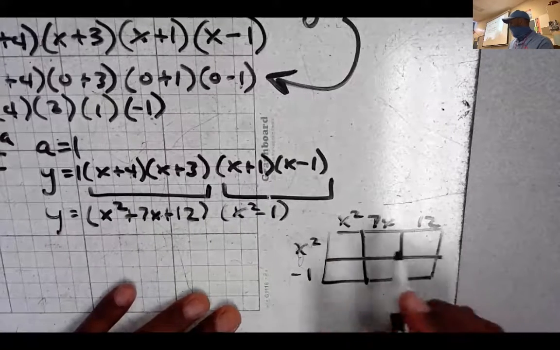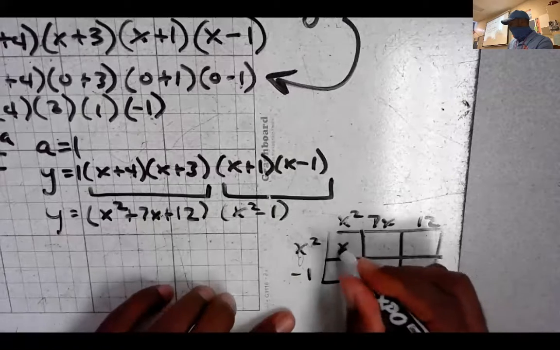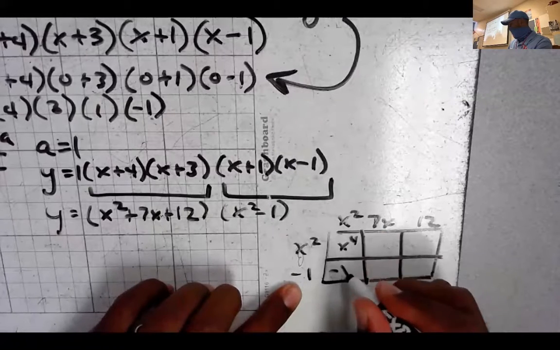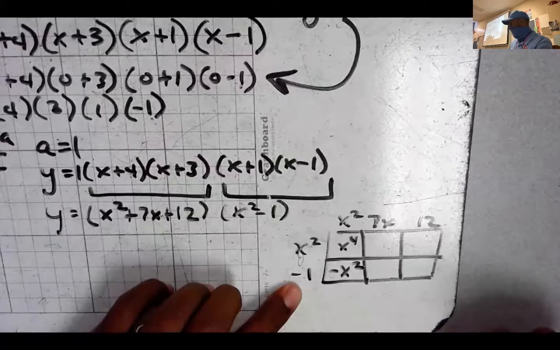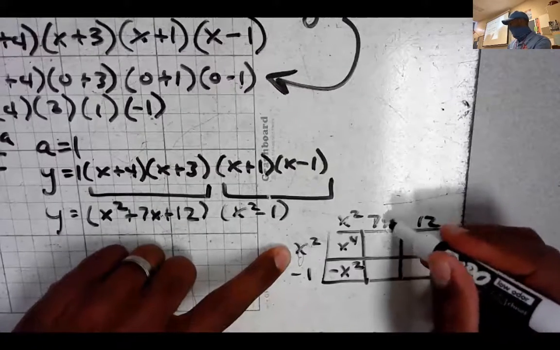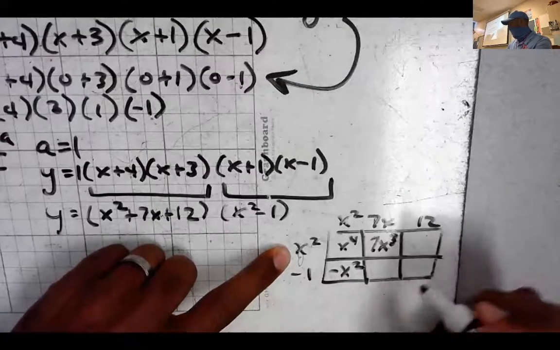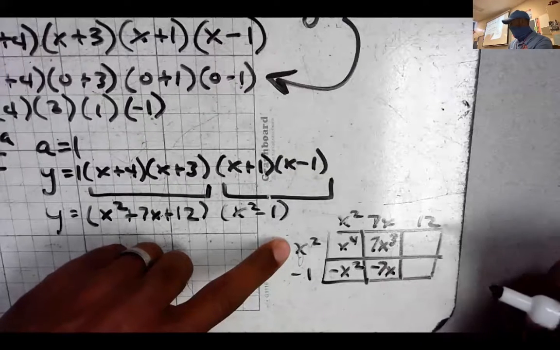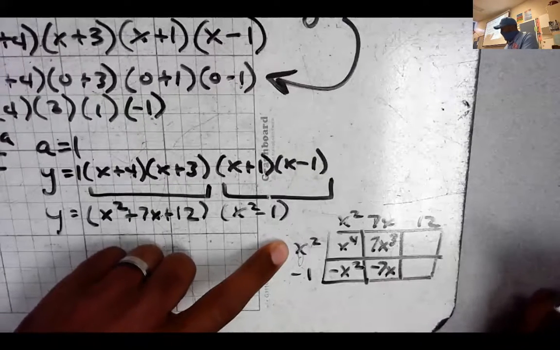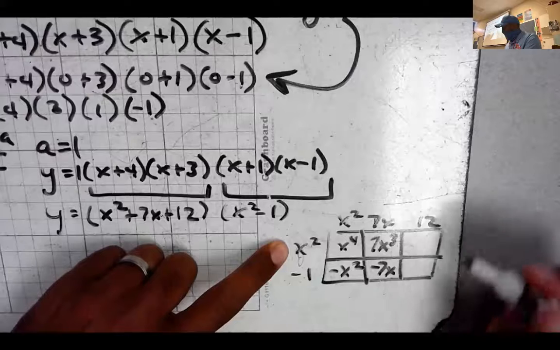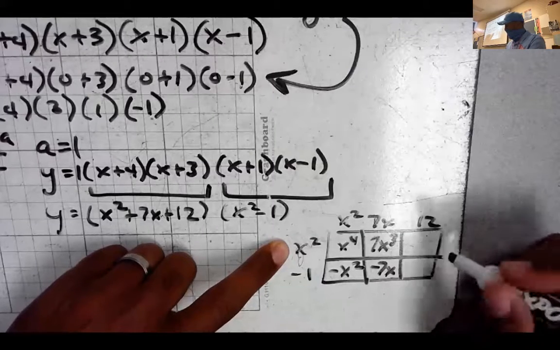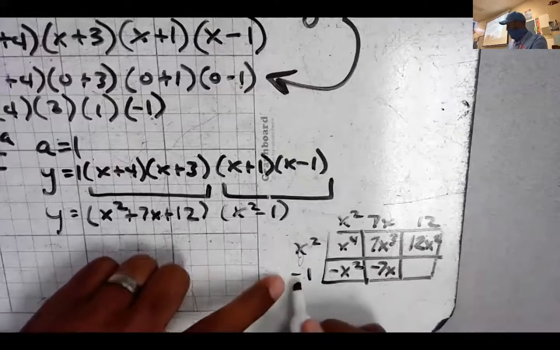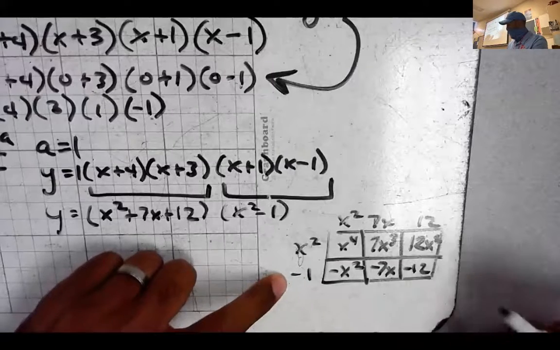So x squared times x squared is x to the 4th, minus 1x squared, minus x squared, then x squared times 7x is 7x cubed, 7x times minus 1 is minus 7x, x squared times 12 is 12x squared, and minus 1 times 12 is minus 12.